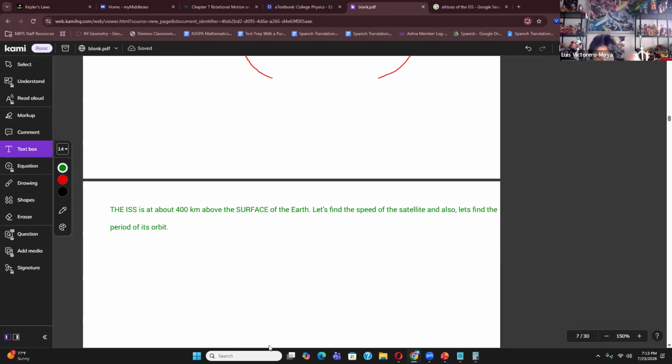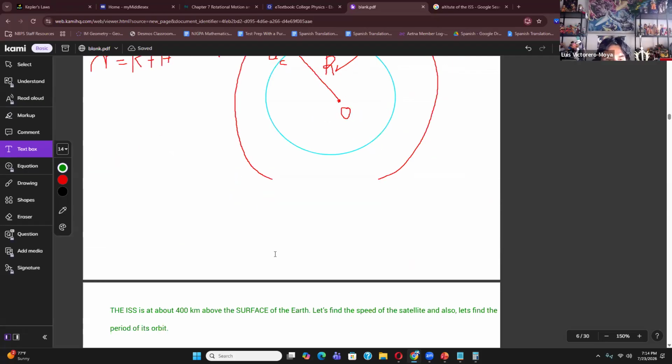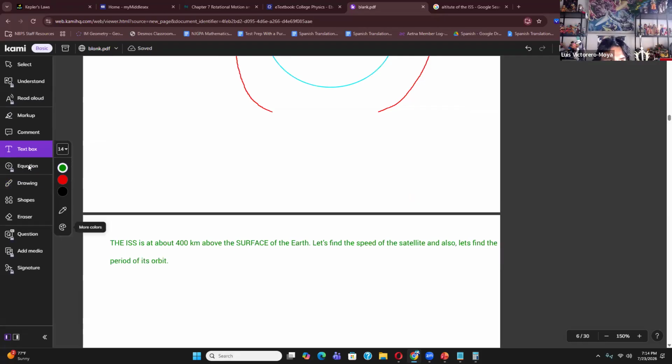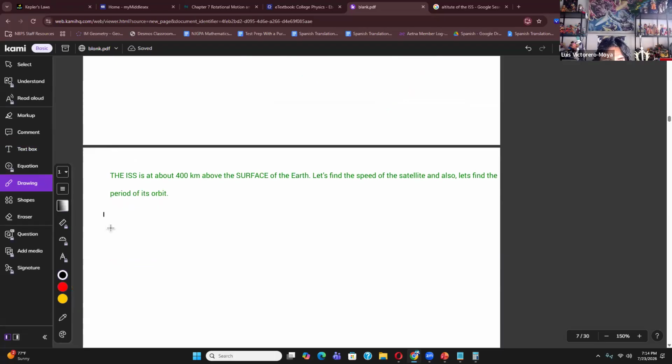All right. And there is a problem like that in the book. So let's show you how to do this. So 400 kilometers, h is 400 kilometers. That's the altitude of the satellite.